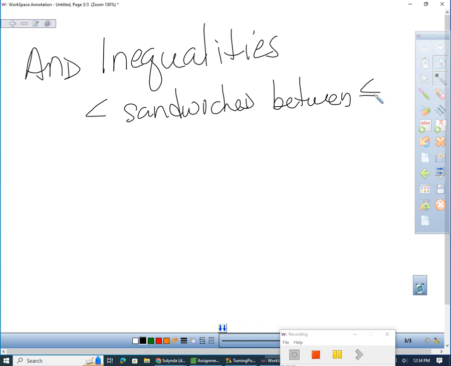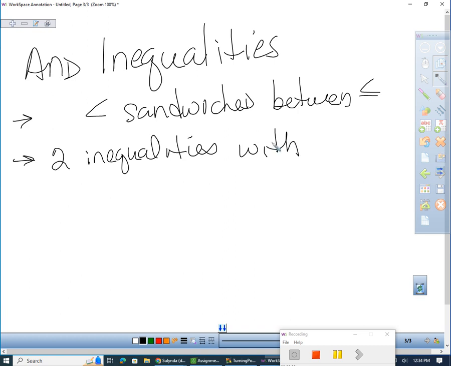They're always pointing this way. Or they can be written as 2 separate inequalities with and in the middle. It's just important to remember the word and tells you that it sandwiches together.